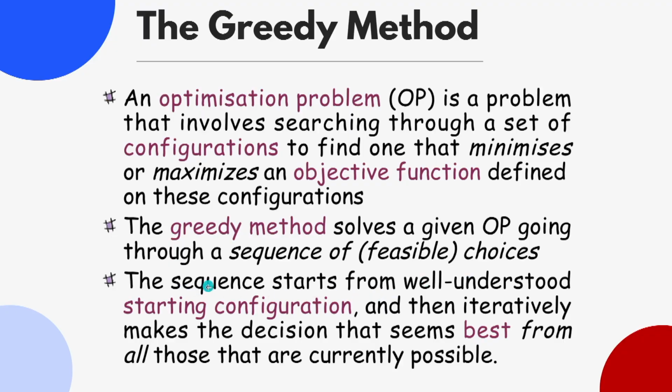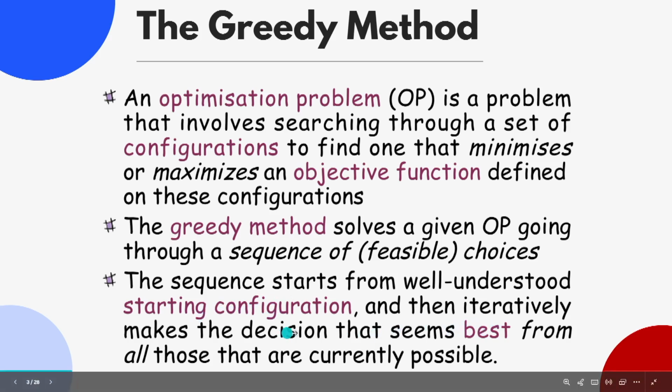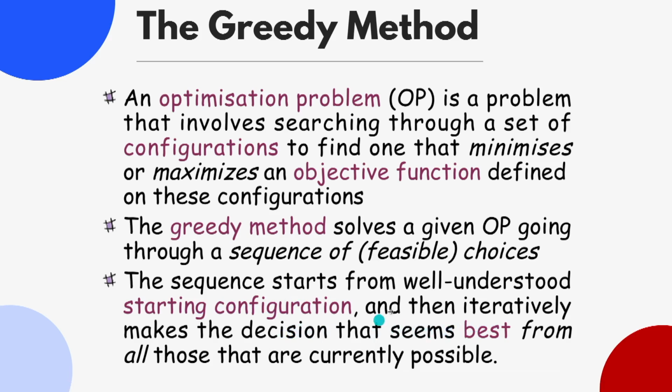Here the thing with greedy approach is that we will have some initial configuration or a starting configuration, and then upon successive iterations we will be making some decision that is best at that point of time, and probably we may have to revise the decision if at later iterations we are getting some other better solution to the problem. So, this is how your greedy approach actually works.